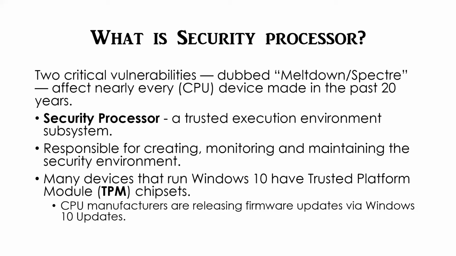So the security processor is, in fact, Microsoft's way of saying, we're going to cover that until we get to the point where the manufacturers can make CPUs that don't have any vulnerabilities. So this gets to be quite complex in some areas, but be aware of the fact that you have some firmware updates and Windows 10 updates that help you and your PC to be protected.